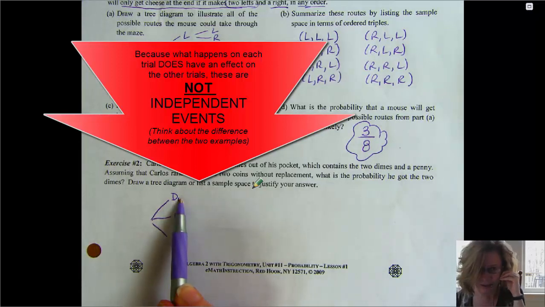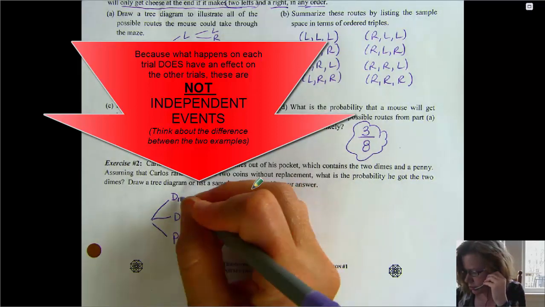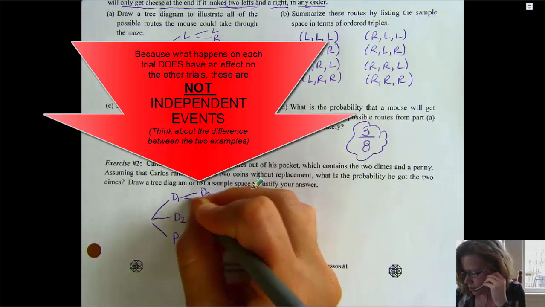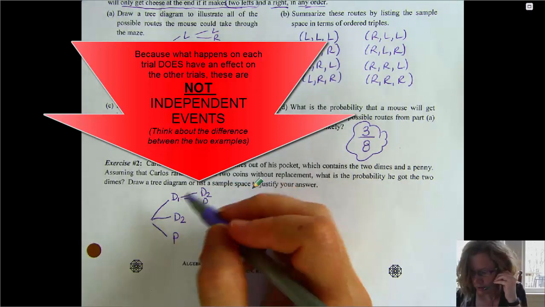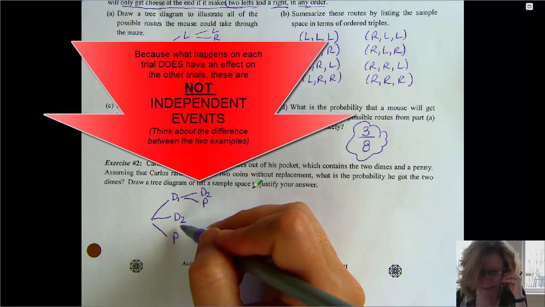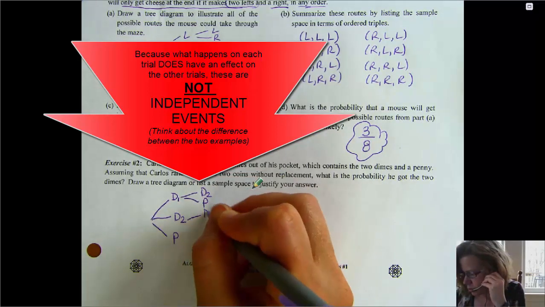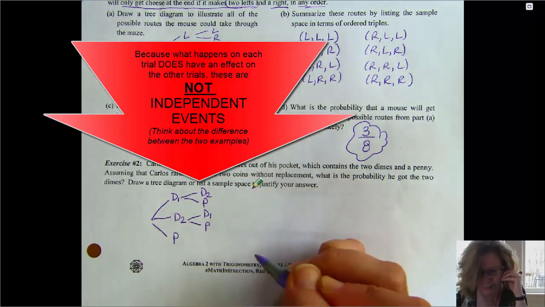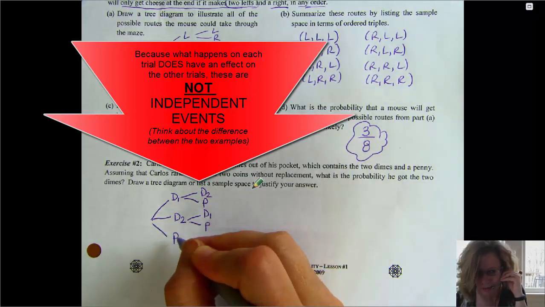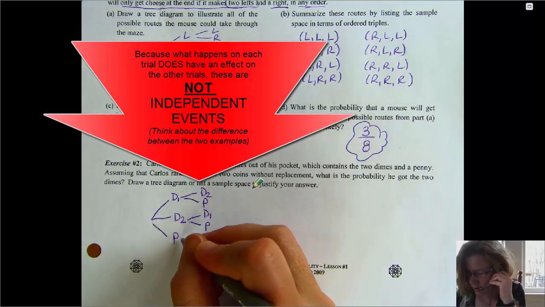So, if he grabbed that first dime, he can't grab it again. It's out of his pocket. So for my second coin that he pulls, it could be dime number 2 or the penny. If he pulled dime 2 first, he can't pull that again because it's already out of his pocket. So he could have pulled dime number 1 or the penny. And if he pulled the penny first, he can't pull it again. It's already out of his pocket.